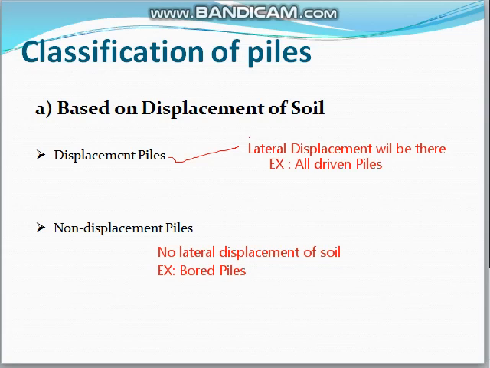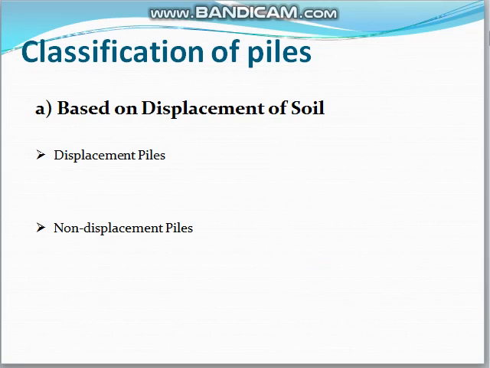Non-displacement piles cause no lateral displacement of soil when the pile is installed. For example, displacement piles are all driven piles, and for non-displacement piles, the example is the bored pile.